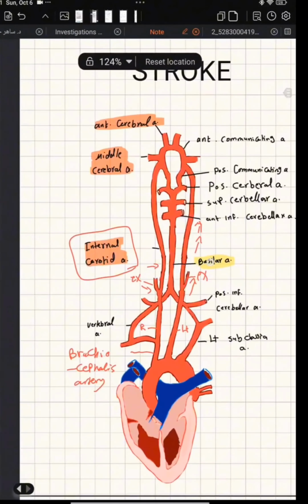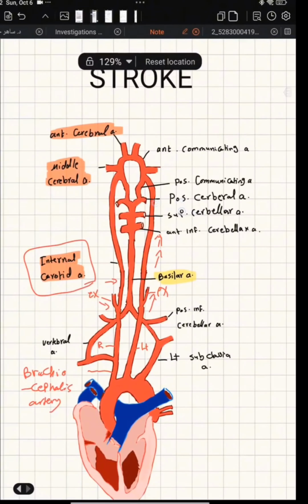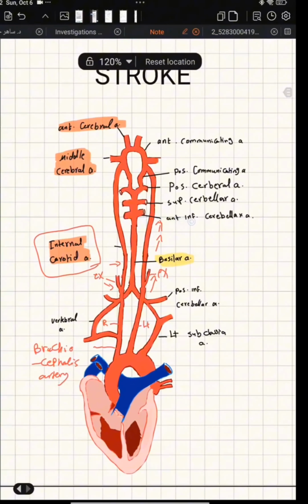Okay, so the basilar artery also ascends and will give branches for the structures and organs on its route. It will give the anterior inferior cerebellar artery for the cerebellum.